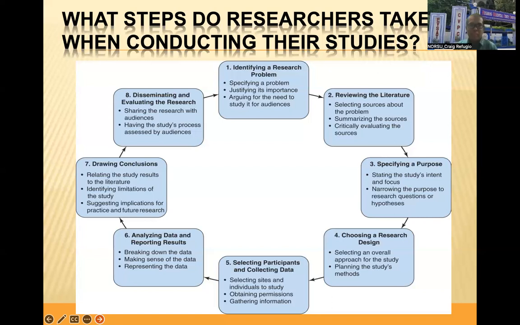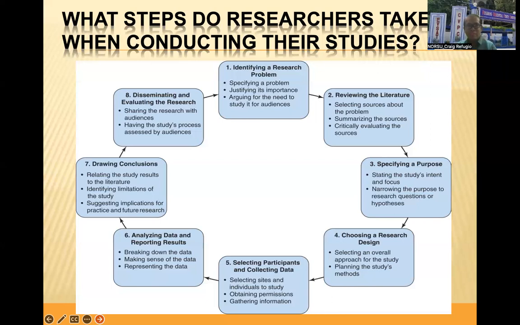Remember, if data are collected from all members of the population, you are doing a census. However, if you are collecting data from a sample, then you are doing a survey. So take note of the difference between a survey and a census.